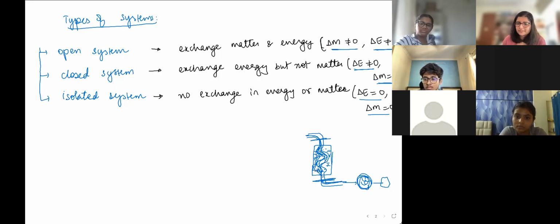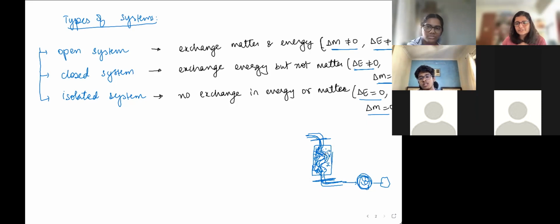Are you observing the reactor, like the whole thing together? You need to define the system, then you can figure out whether it's open, closed, or isolated. But would it still be an exchange? Because the nuclear reactor is heating up the water, but it's not actually an exchange of energy, right? It is exchanging. So that's what you need to define. If I consider water to be an external thing, if that's not part of my system, then the reactor is exchanging energy with the surroundings.